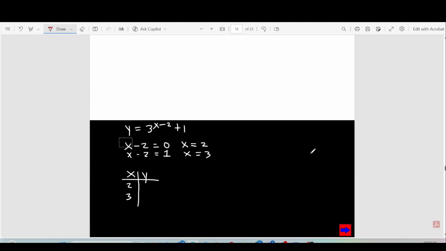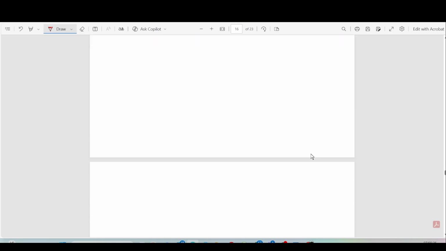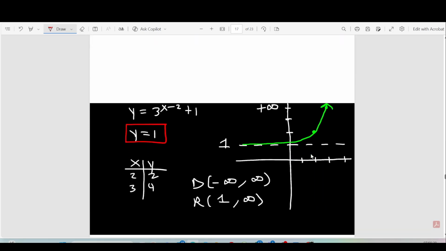Like in this function, you have shift here, horizontal as well as vertical, right? This represents horizontal shift and this represents vertical shift. And the asymptote is always this, like +1. Vertical shift represents your asymptote. Like here, what is the asymptote? y = 1 is your horizontal asymptote.